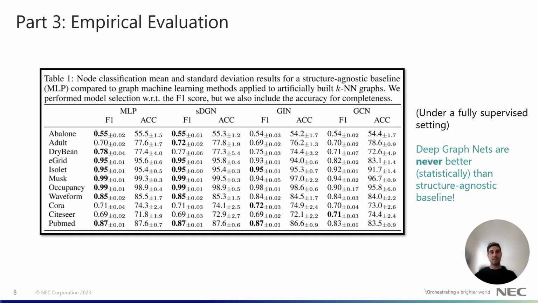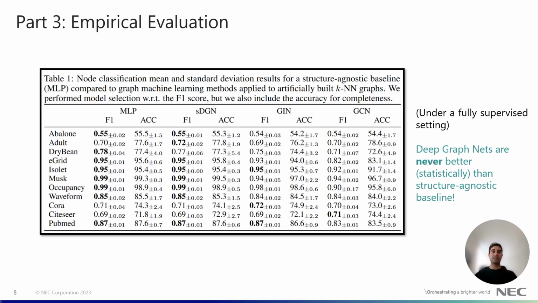We have 8 data sets from the UCI repository, which are by nature tabular, but we also consider 3 popular graph node classification data sets, Cora, Citeseer, and PubMed, where we removed the original graph structure and replaced it with k-nearest neighbor graphs. In all of these data sets, we consider the parameter k as a hyperparameter, and you can find a detailed table of all hyperparameters tried in the paper.